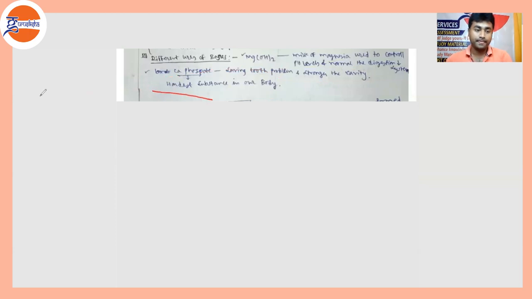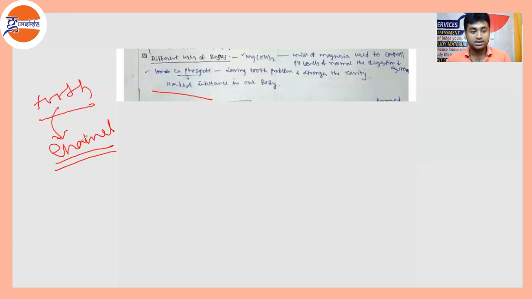The tooth is made up of a portion called enamel. In our tooth, the strongest part is called enamel, which is produced by calcium phosphate.